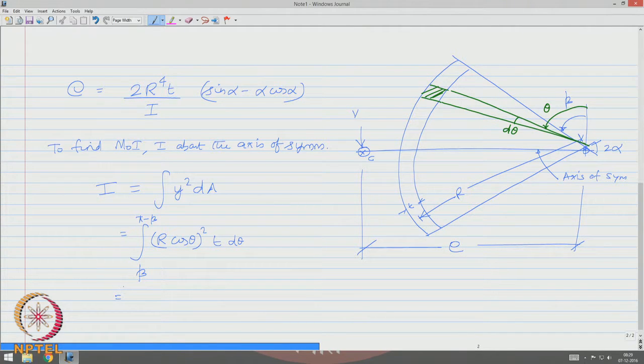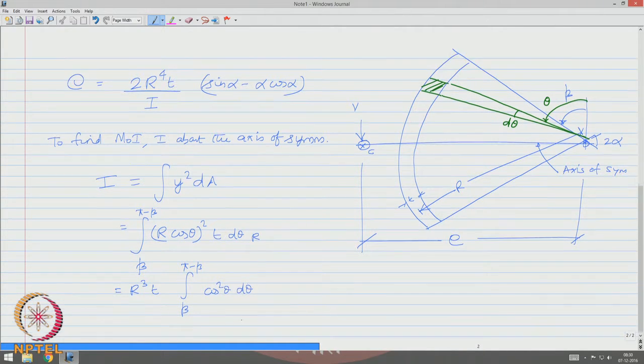And the radius is r. So, r cubed t, integral from beta to pi minus beta of cos square theta d theta.